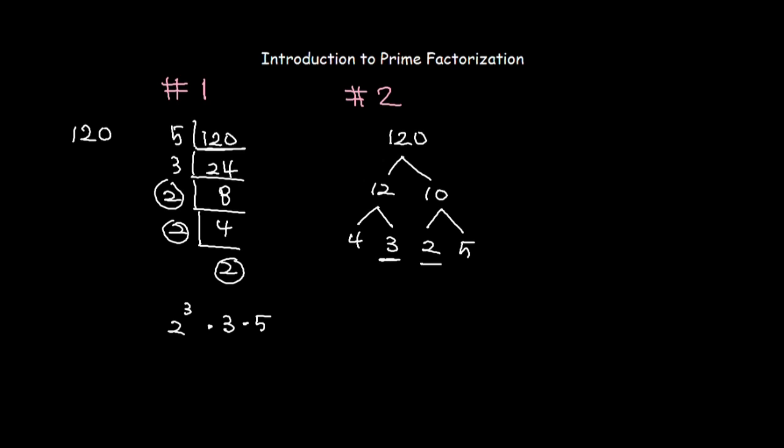So we have 3, 2, and 5. And you can subdivide 4 into 2 and 2, and you'll get the same result. The only reason I prefer the latter version is because for larger numbers, it helps you keep track of what prime numbers you used. Let's do more problems.